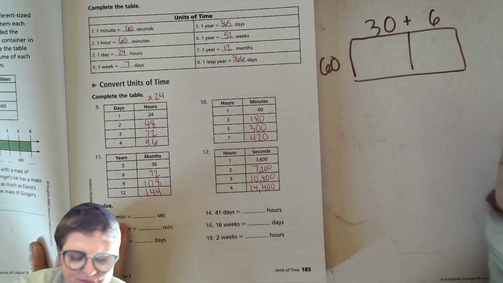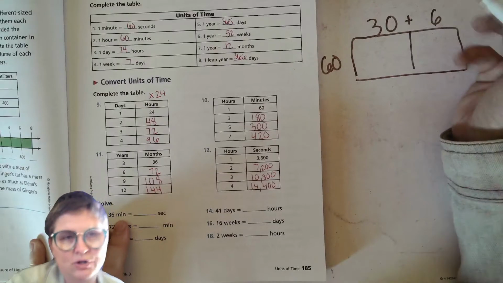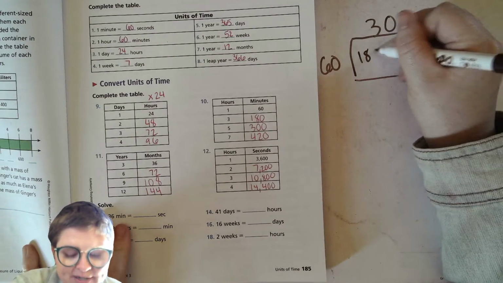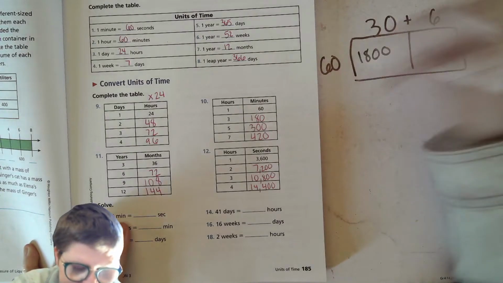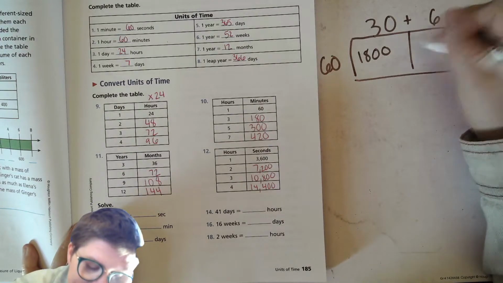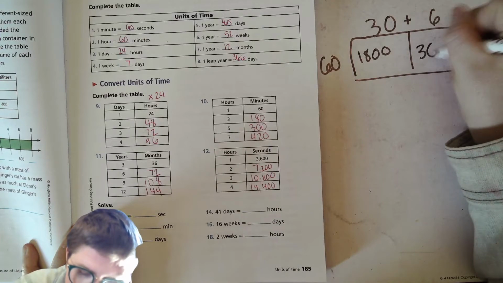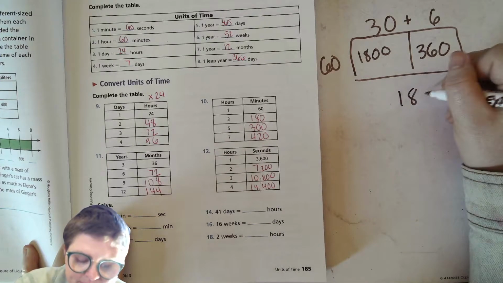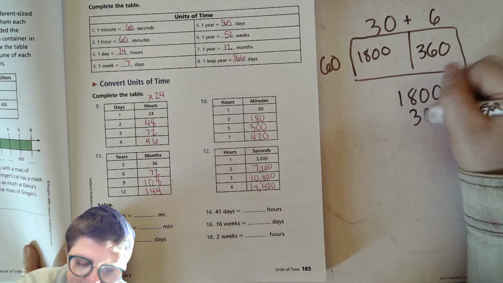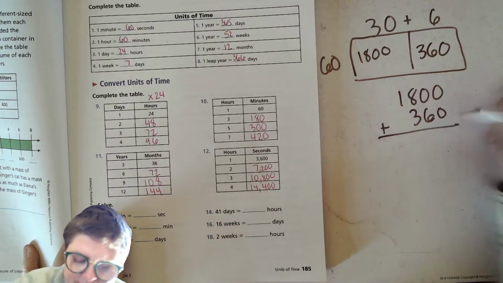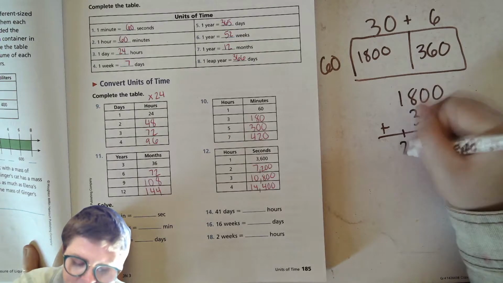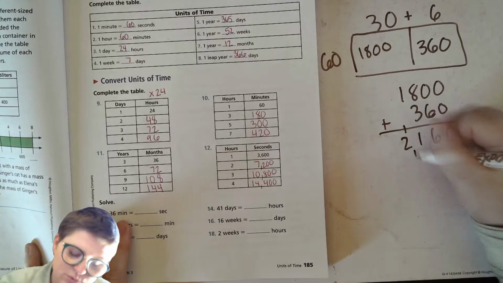And this is just 0 down here, right? So 60 times 30, 6 times 3 is 18, 10 times 10 is 100, so 1,800. And then 60 times 6, well, 6 times 6 is 36, 36 tens, because of that 10. Add those up. 0, 6, 11, so 2,160.